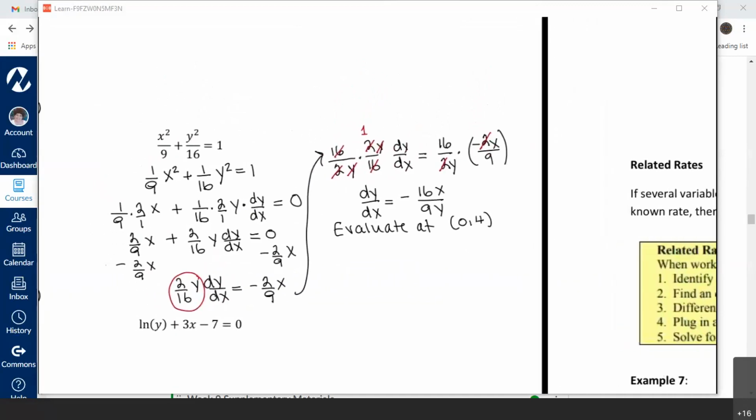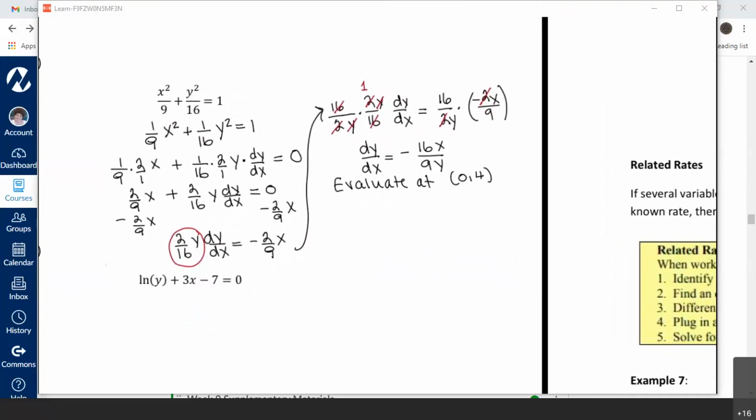Okay, that's going to be easy because I'm putting a 0 in the numerator. All right, so dy/dx equals minus 16 times 0 over 9 times 4. Okay, anything times 0 is 0.